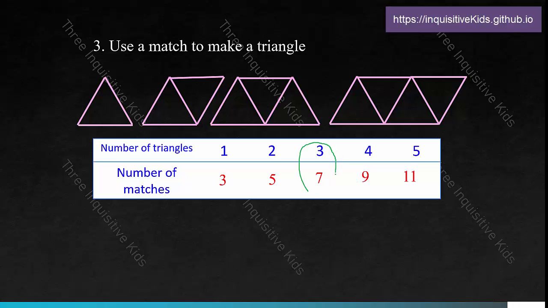Let's just pick a 3 and 7. We know our pattern, that's 3, that's 2 times 3 plus 1. Is that true? Yes. Here, that multiplies to be 6 plus 1 equals 7.